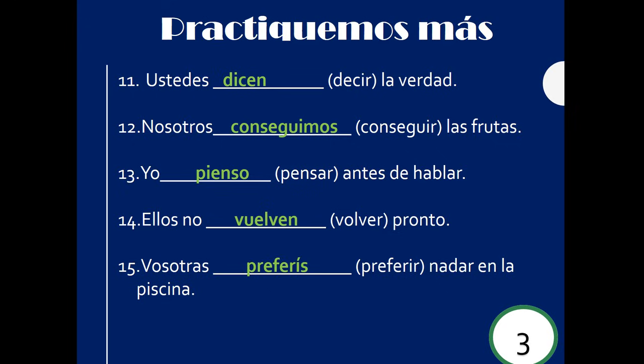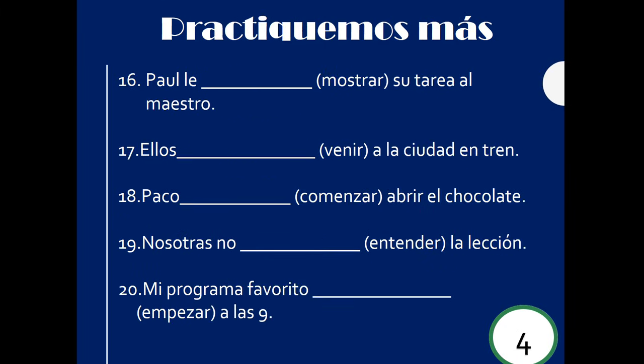15. Vosotras preferís nadar en la piscina. Paul le muestra su tarea al maestro. Ellos vienen a la ciudad en tren. Paco comienza a abrir el chocolate.